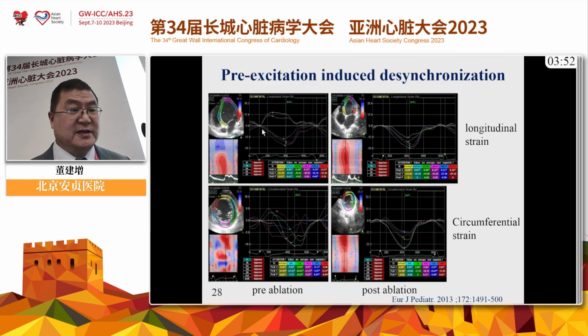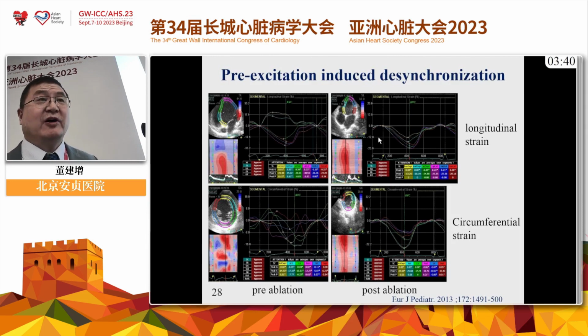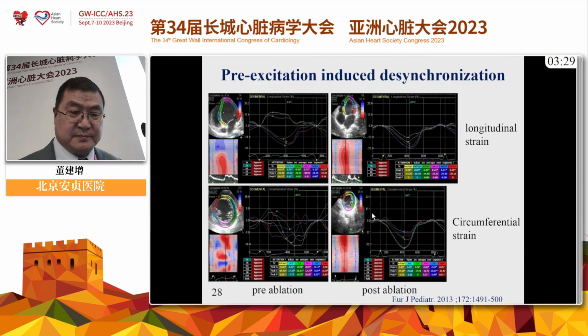We can see that the segments contract paradoxically and in a very chaotic way. After ablation, after the accessory pathway disappeared, 6 months later the left ventricle returned to synchrony completely.